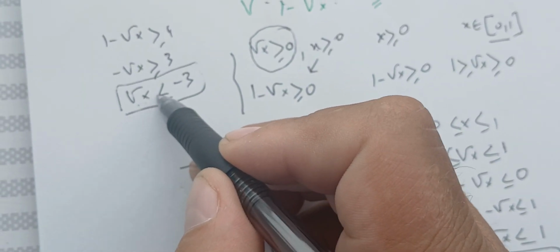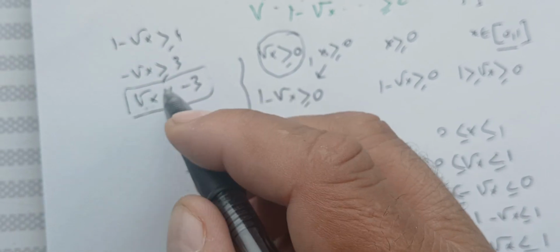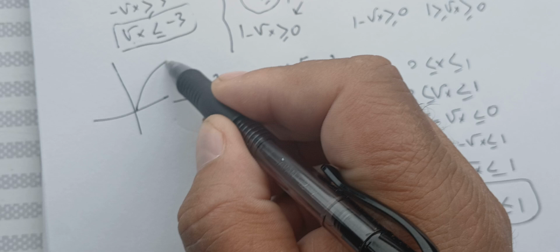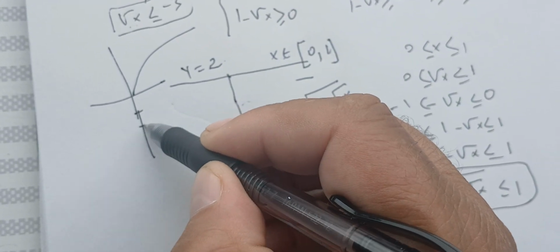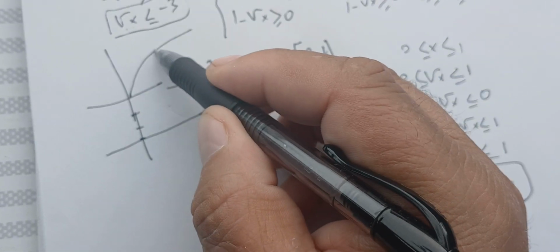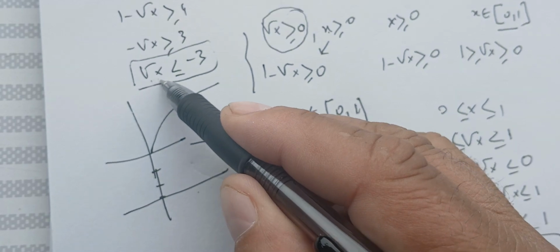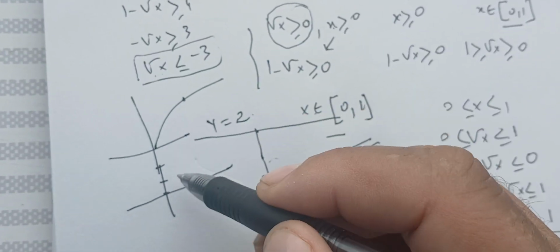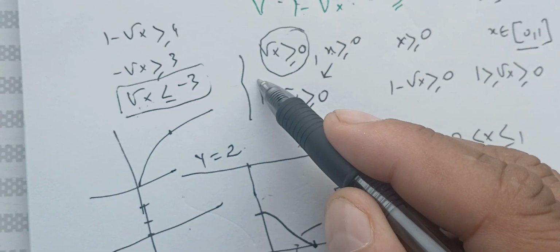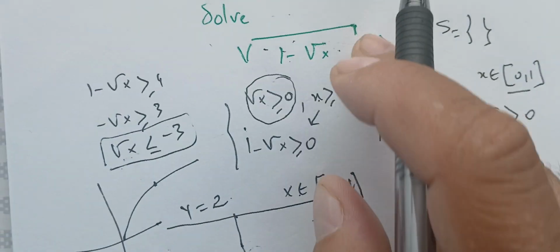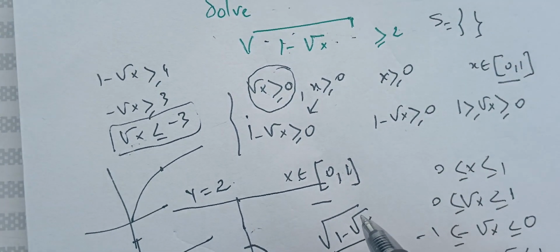But this is never going to happen. Let me graph it here. This is the square root, minus 1, minus 2, minus 3. So that means this one is below minus 3, but it's never happening. It's the opposite: the square root is on top of the minus 3. Therefore, there is no solution here. So the empty set. So even if we square both sides, we get the same result.